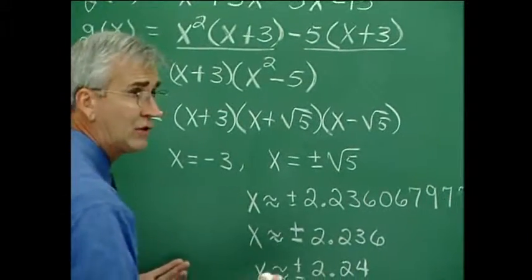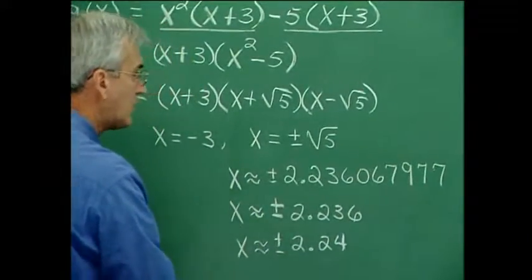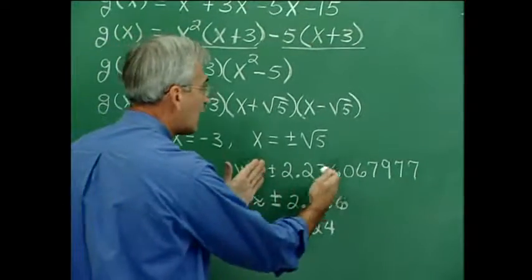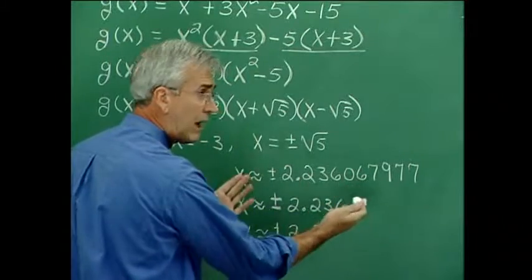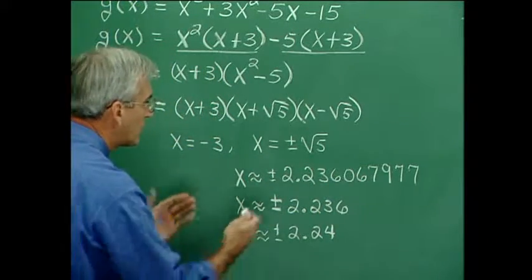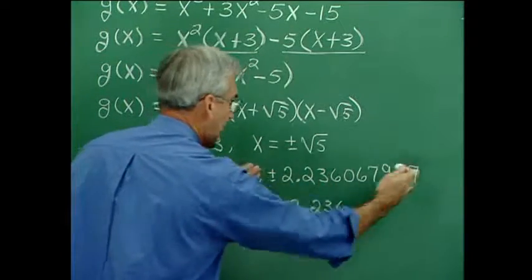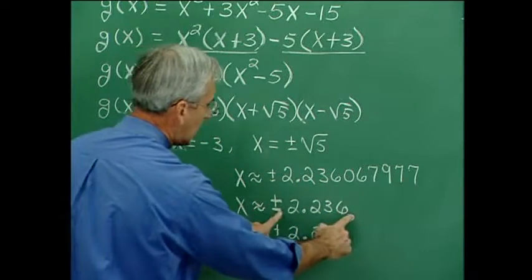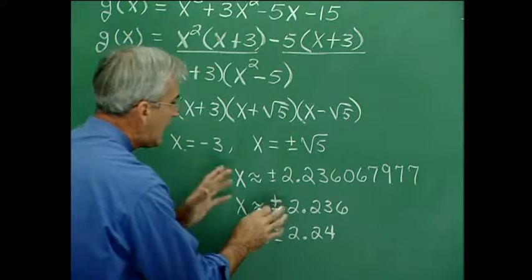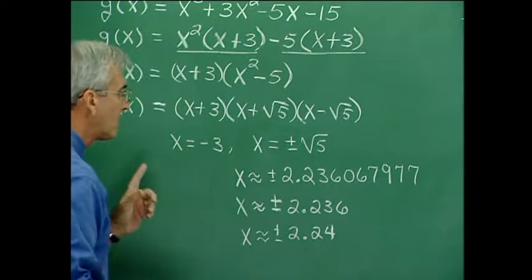And since it's irrational, it's a never-ending, never-repeating decimal. So it just kind of goes on and on and on. And we have to decide the degree of accuracy that we want in our problem to decide where we round off in this number. We certainly probably wouldn't need this much accuracy. Maybe we need accuracy to the thousandth place, maybe to the hundredth place. But we can find this same accuracy by using the graphing calculator.